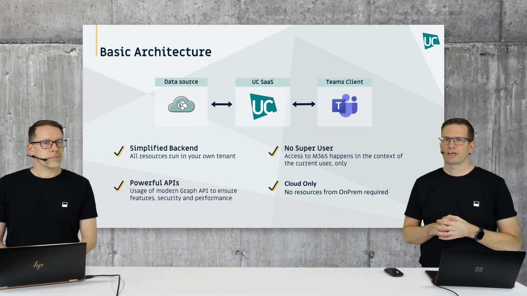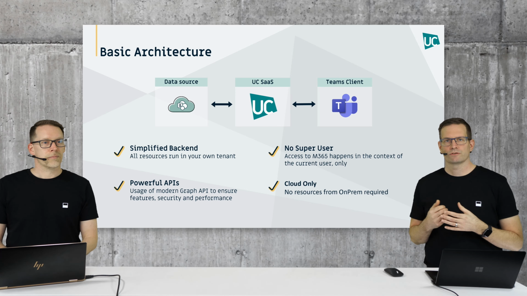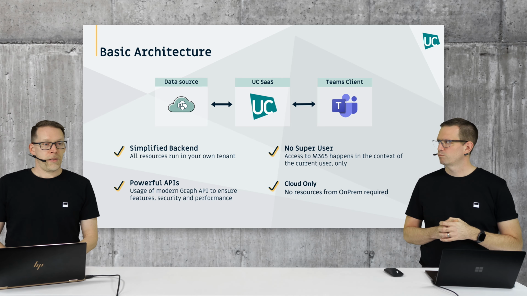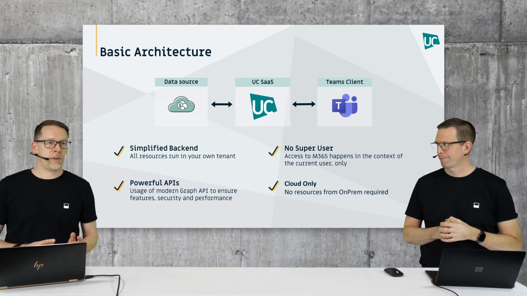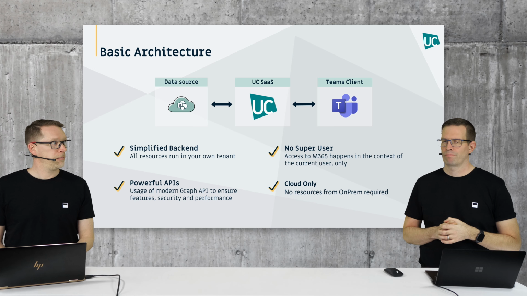You access the data in the context of the current user logged into Microsoft Teams, and therefore we do not have the requirement for a super user. And the powerful APIs stay the same. If you go with free or with Pro, we have the same power, and it's even the same secure.